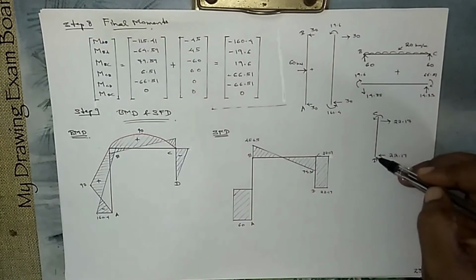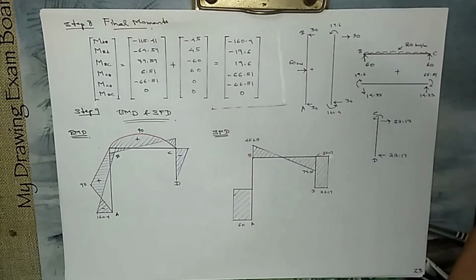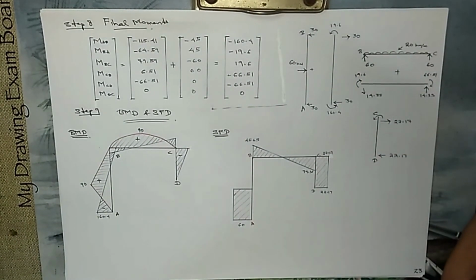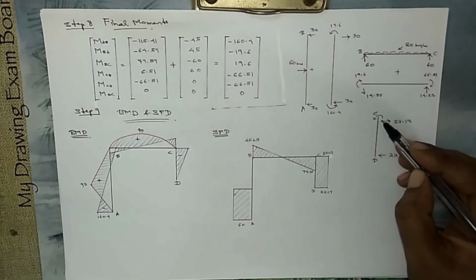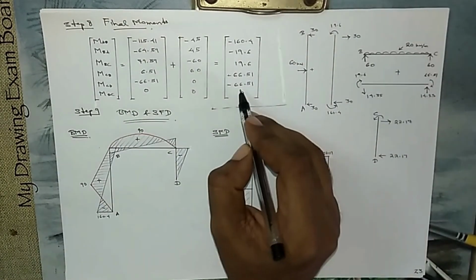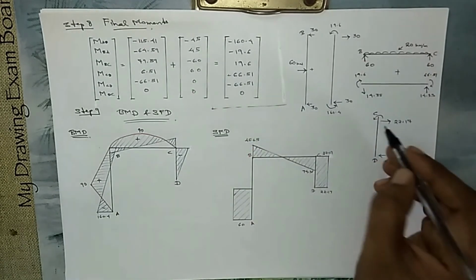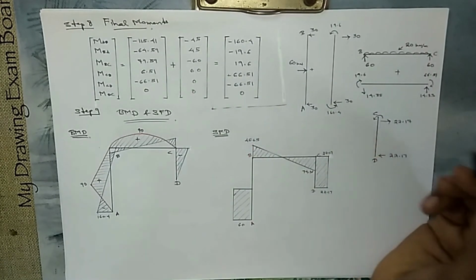Now considering member CD, there is no load on this member, so I am going to draw the reactions due to only the moment acting here. That's minus 66.51 acting at C, and that's anti-clockwise.